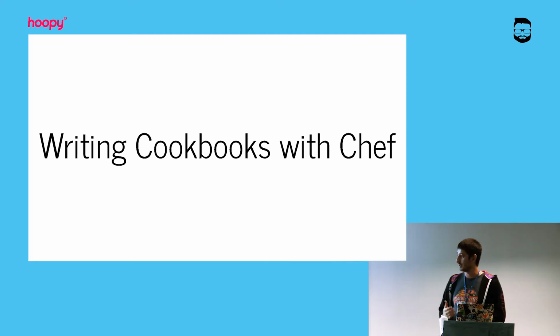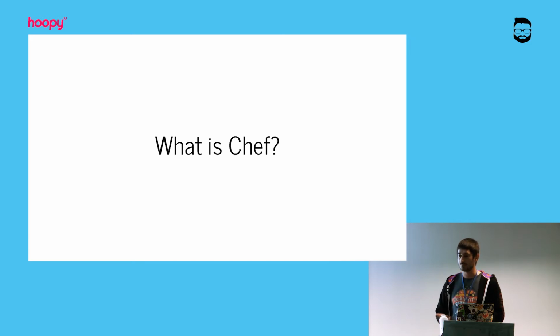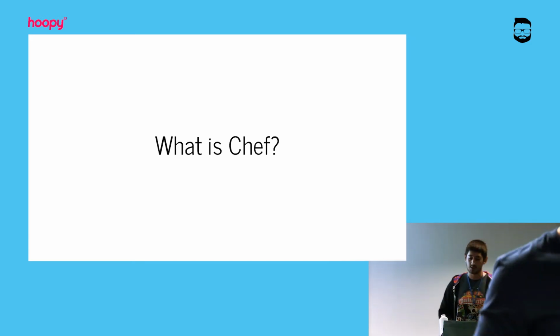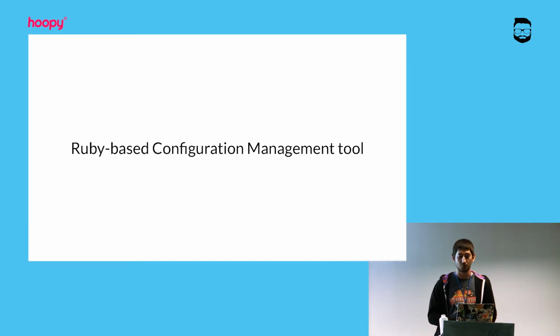So in terms of actually writing cookbooks, there are a couple of bits about the terminology, so I'm not confusing you all. Chef itself is a Ruby-based configuration management tool. It doesn't actually require any Ruby knowledge.